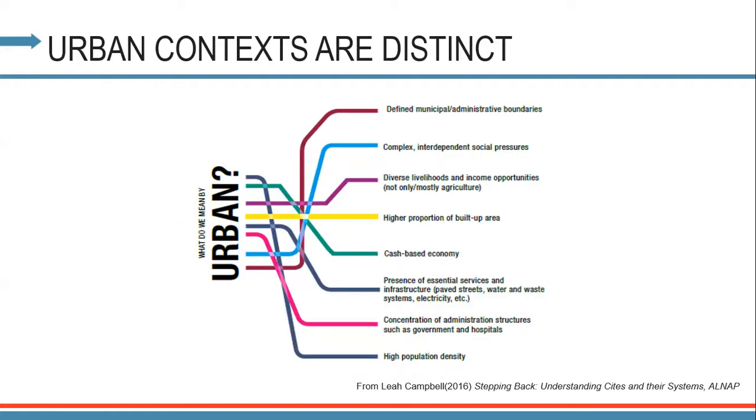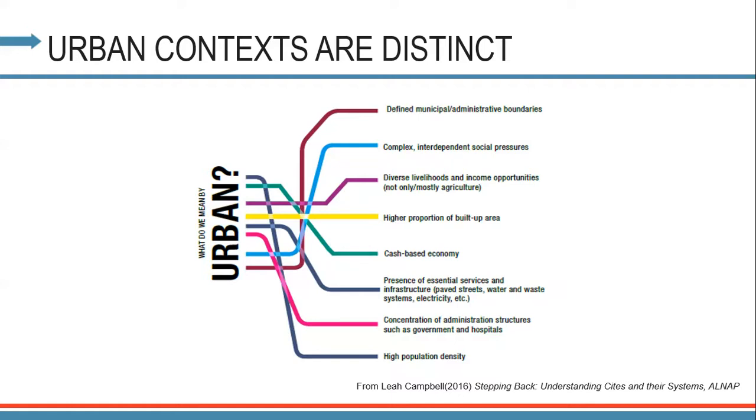There are significant differences between cities, between different neighbourhoods within cities, and between urban and peri-urban areas. Despite this, there are characteristics that urban areas share. While it is difficult to define urban or what a city is, it is possible to define these characteristics. Rather than crafting a definition, ALNAP has identified 8 characteristics that urban areas share.